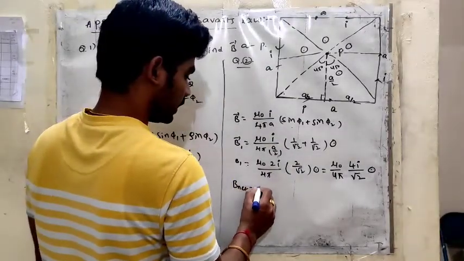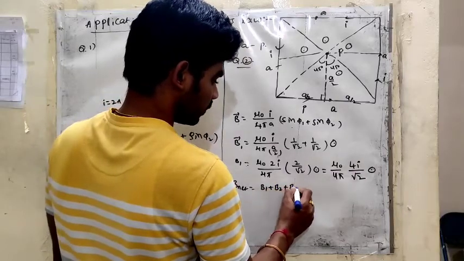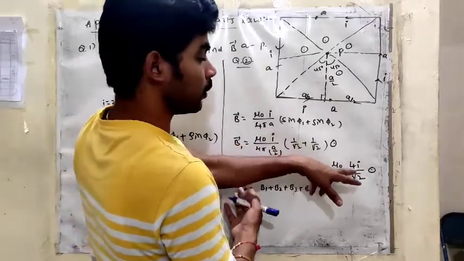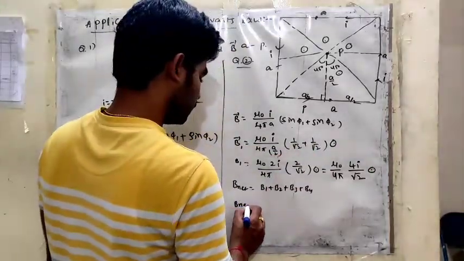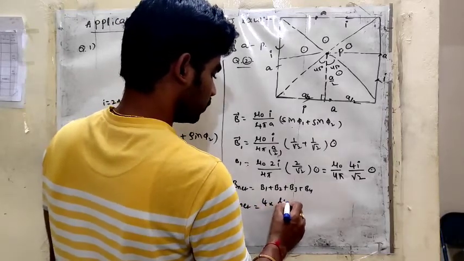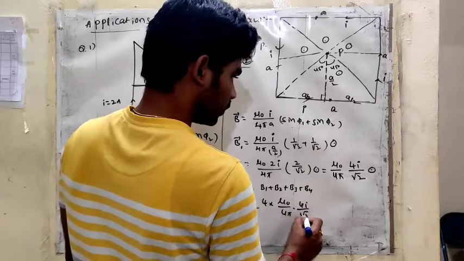So B net is equal to B1 plus B2 plus B3 plus B4. B1 we get mu naught by 4 pi into 4I by root 2. The remaining are also the same only. Simply you can write B net is equal to 4 into mu naught by 4 pi into 4I by root 2.